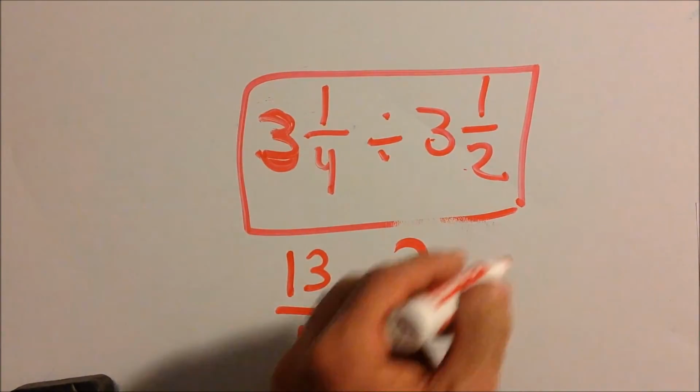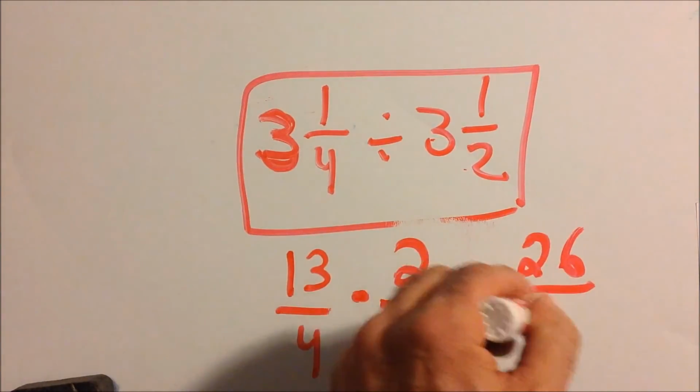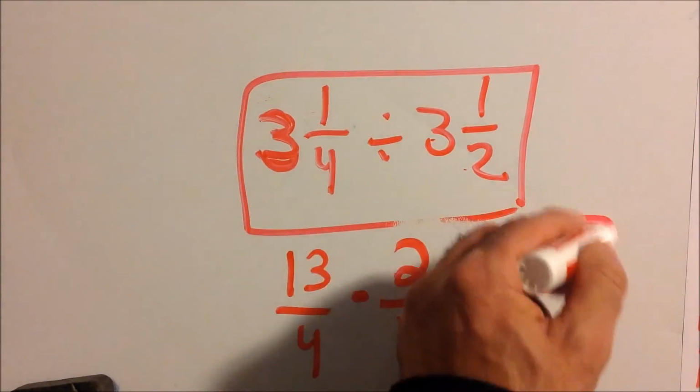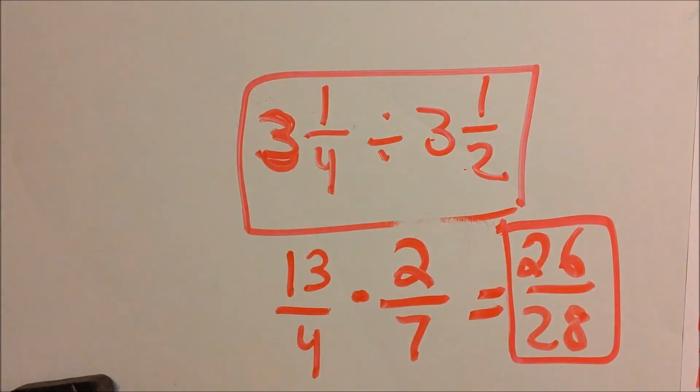And we'll get an answer of 26 over 28. Now that answer is the unit rate. That's how much the motorcycle is traveling in 1 minute. We need to find out how much the motorcycle can travel in 1 hour. Now, again, you can also reduce this. 26 over 28 can be reduced to 13 over 14.